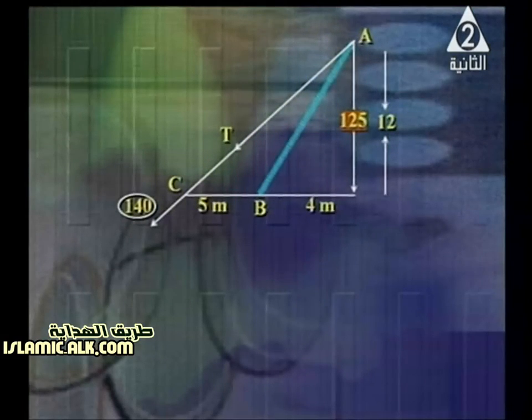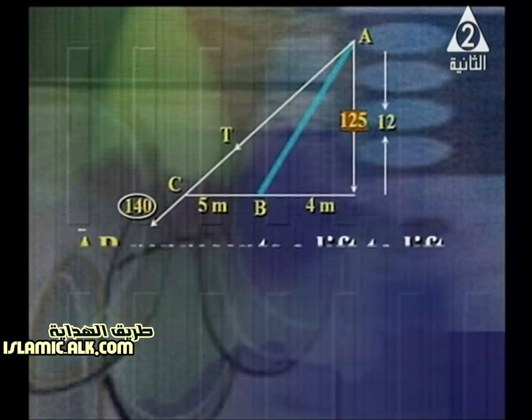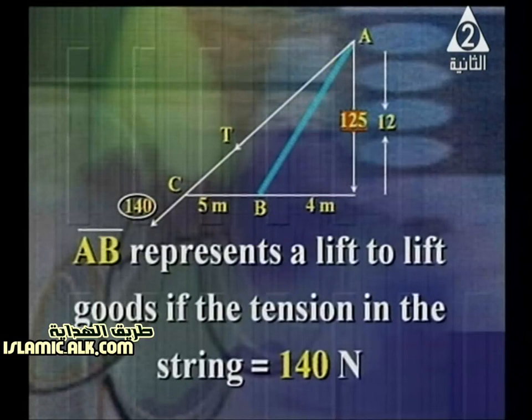Now we move to an example, a very important example. In the opposite figure, AB represents a lifted box.